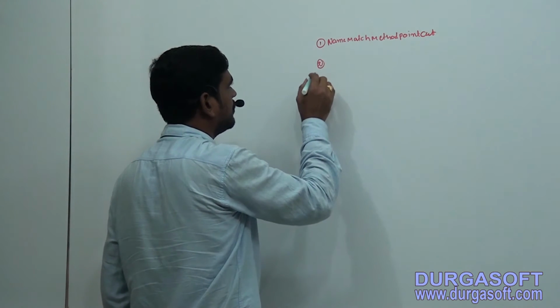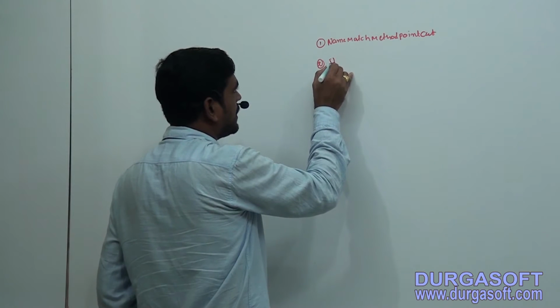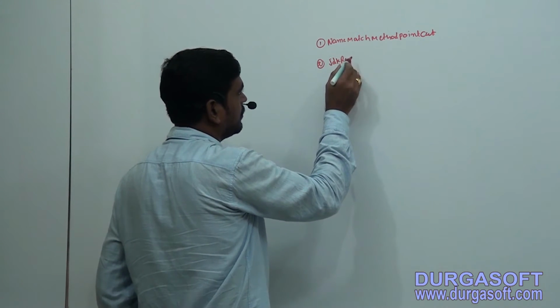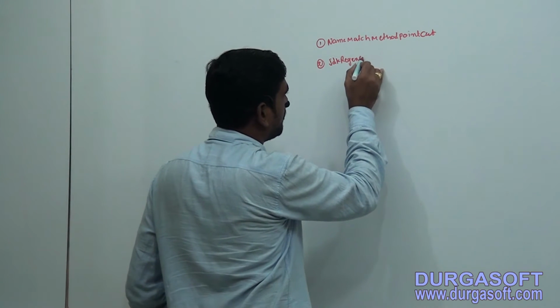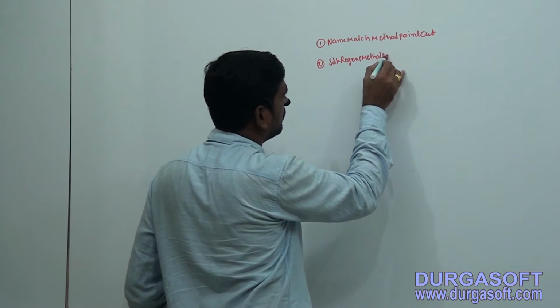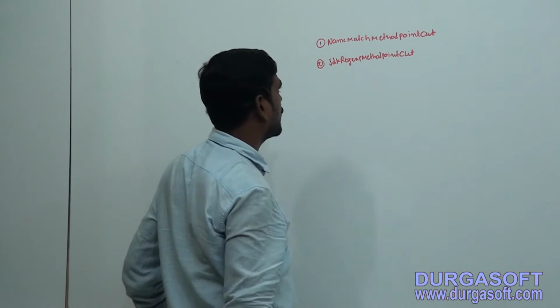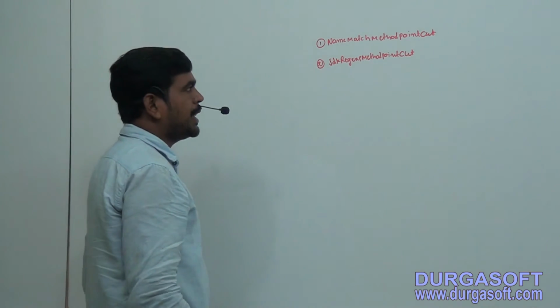Number two, JDKRegexpMethodPointcut. These two are predefined classes.